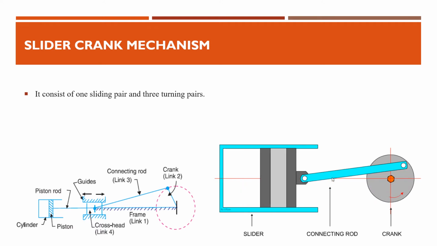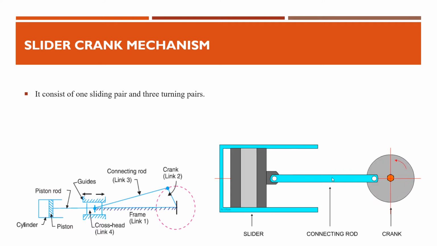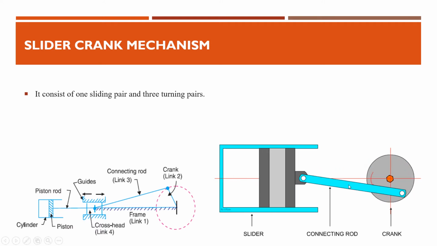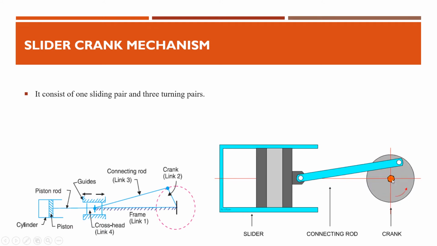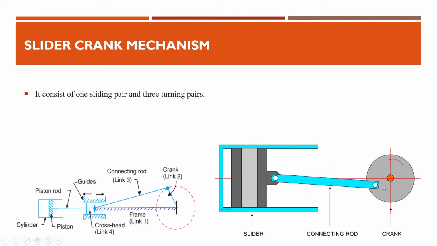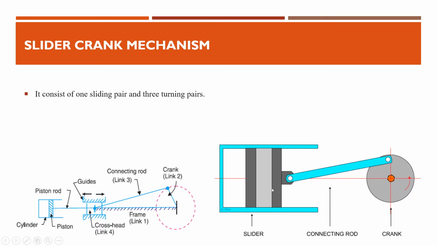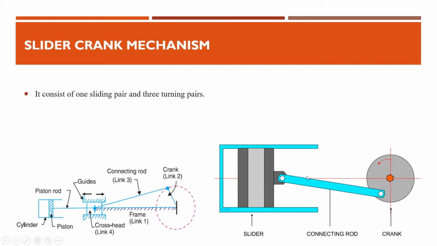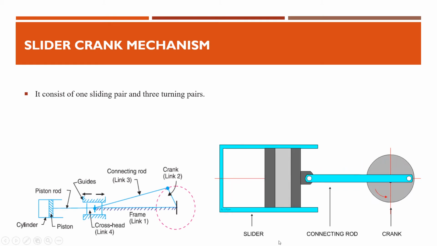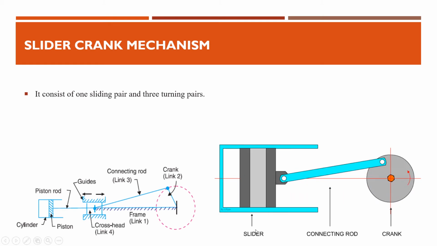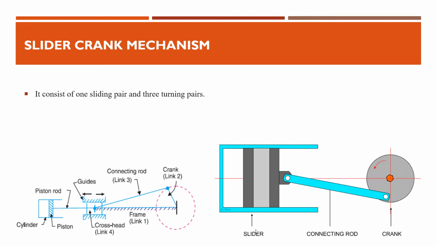So it consists of three turning pairs and one sliding pair. The crank and the frame are connected by a turning pair, the crank and connecting rod by a turning pair, the connecting rod and piston by a turning pair. Whereas the piston and the fixed one, that is the cylinder, form the sliding pair.